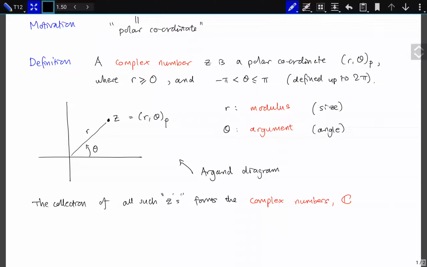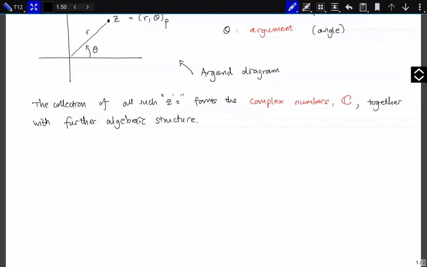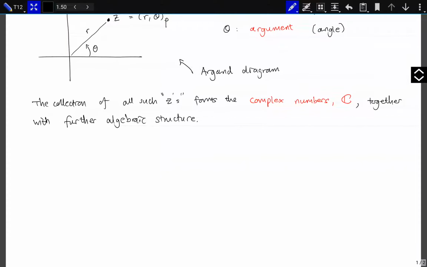But the complex numbers have some additional algebraic structure. As a comparison, the real numbers aren't just points on a real line, they have further algebraic structure, which I will remind you.